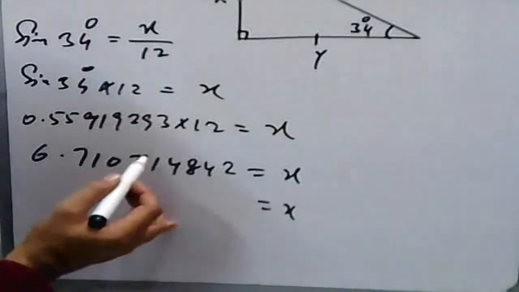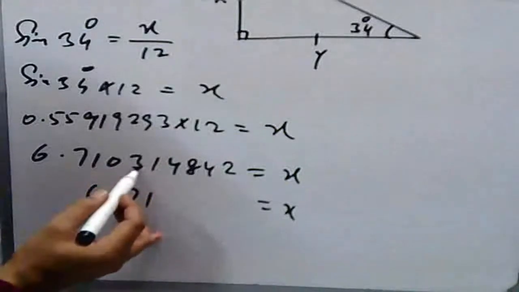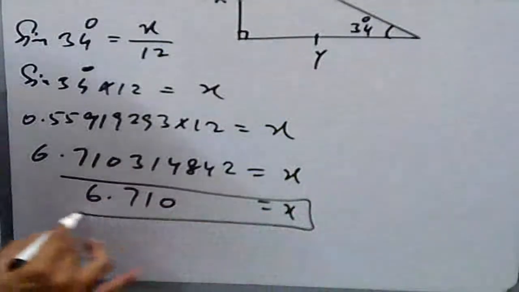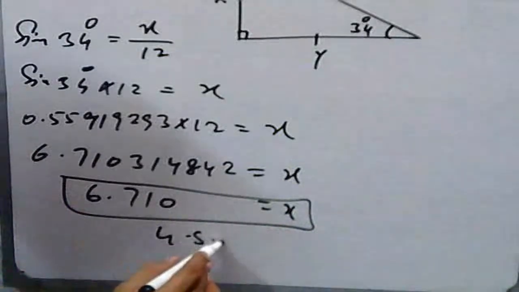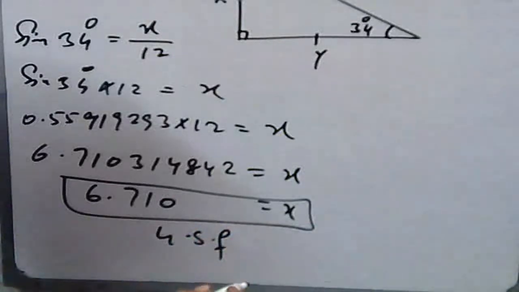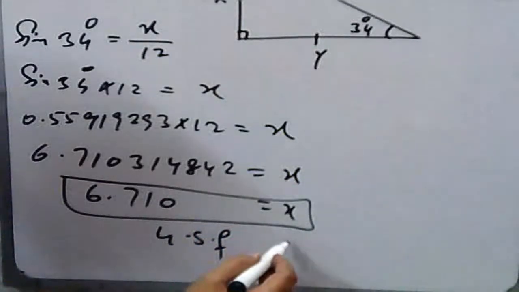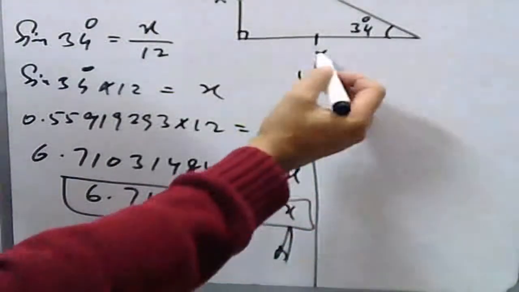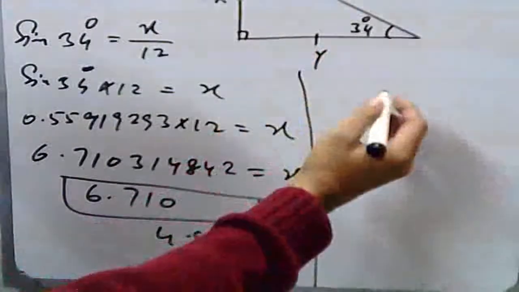Here it is less than 50%, so you have to use 0, so that is your required answer up to 4 SF.